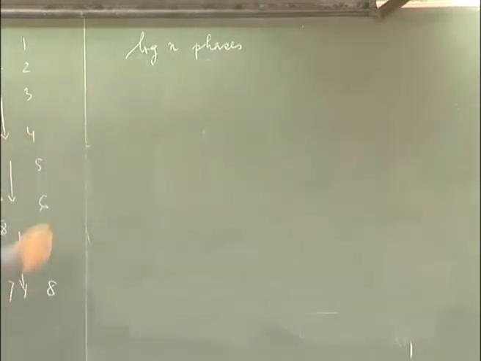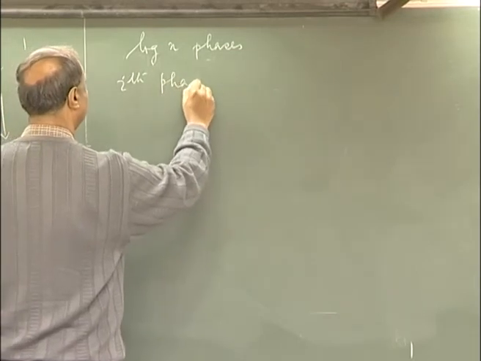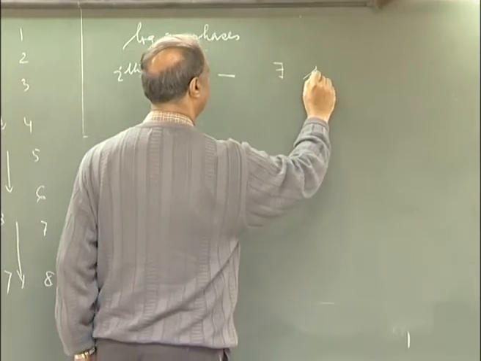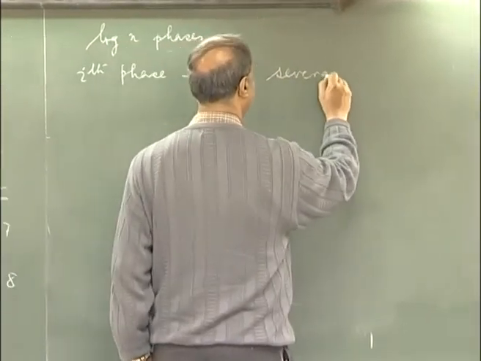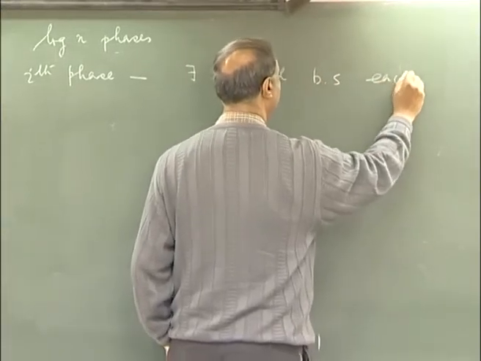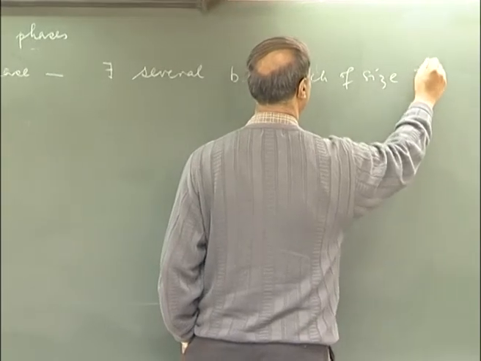Agree? At the ith phase, there are several bitonic sequences, each of size 2 to the power i.